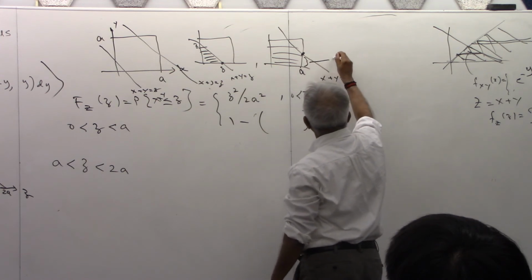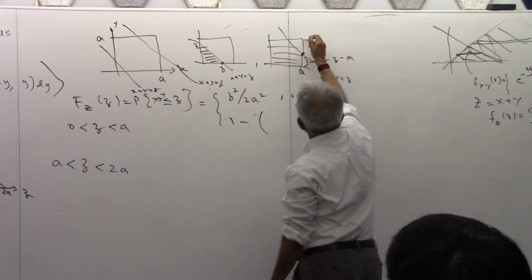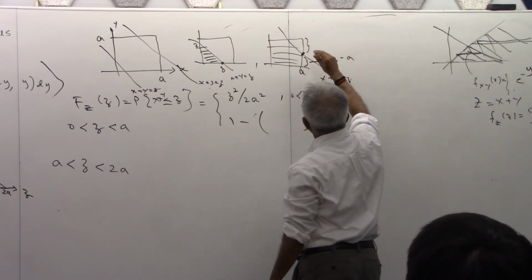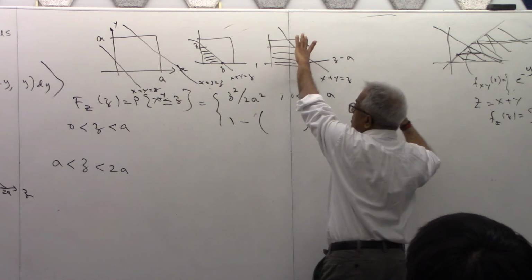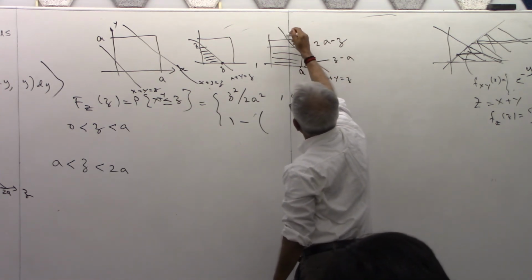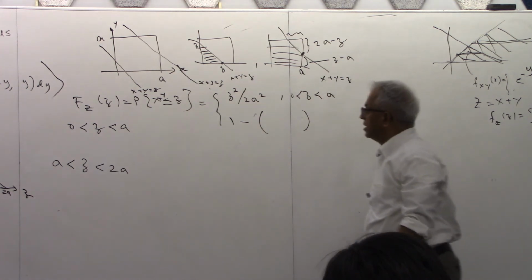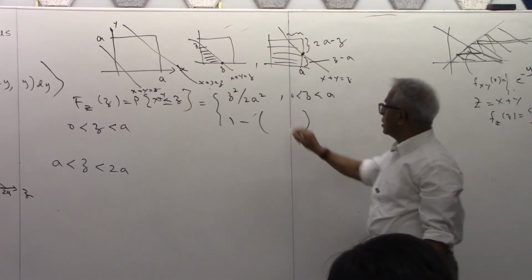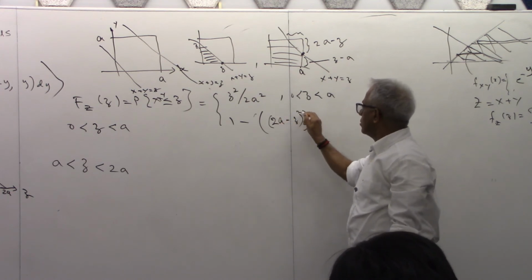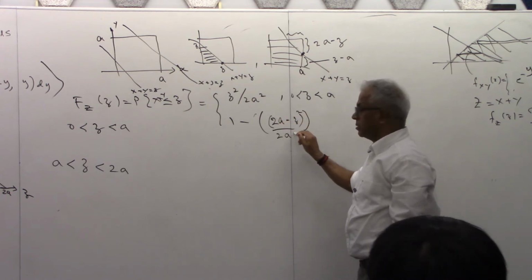This point is z minus a, right? So this whole thing is 2a minus z. So this portion is same. So what's the area? 2a minus z, by 2a squared, right? Yes?